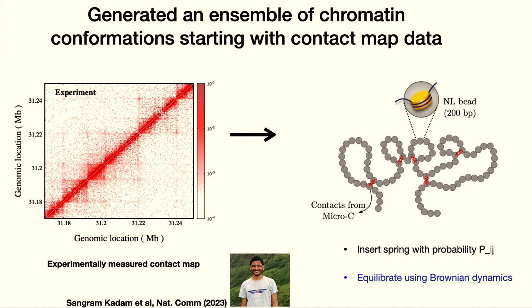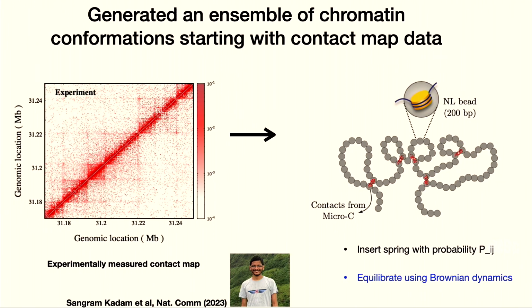We have a particular procedure with some details, but the crux is that you can put strong interactions like springs, which would bring together faraway beads. For example, this dot would mean I would put a spring between this and bring them together. But the spring is inserted with a probability Pij.